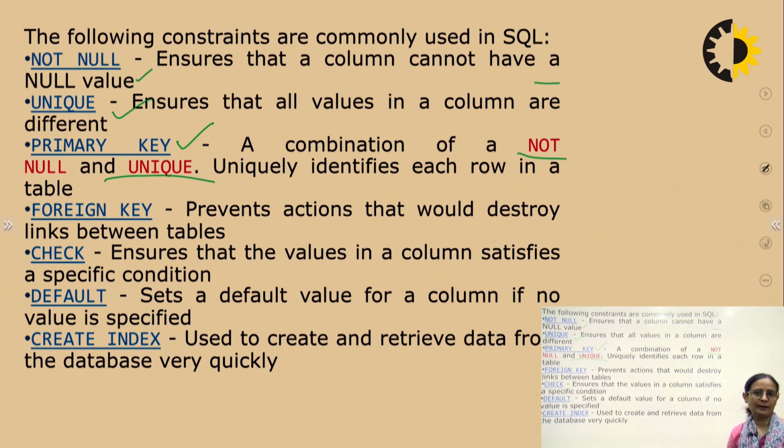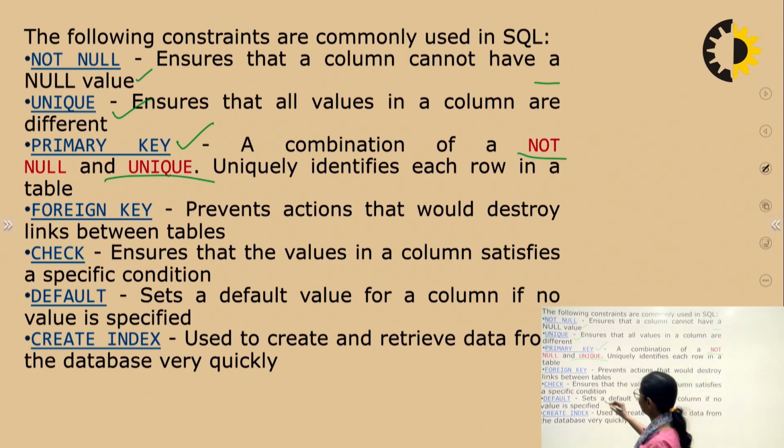Not null and unique. Whenever I want my column to have a unique value as well as not remain null, I will apply the primary key. We have also seen the primary key concept in SQL. The primary key is used to uniquely identify a particular instance in my table.